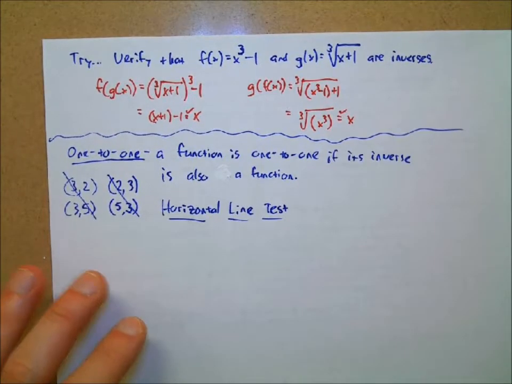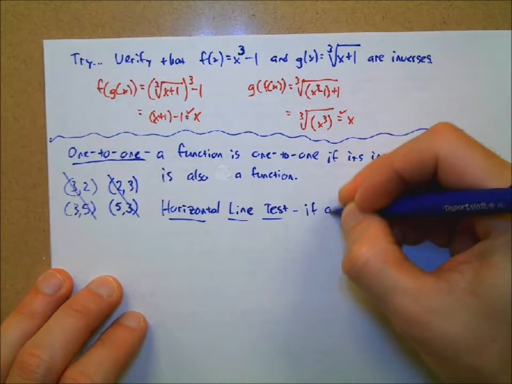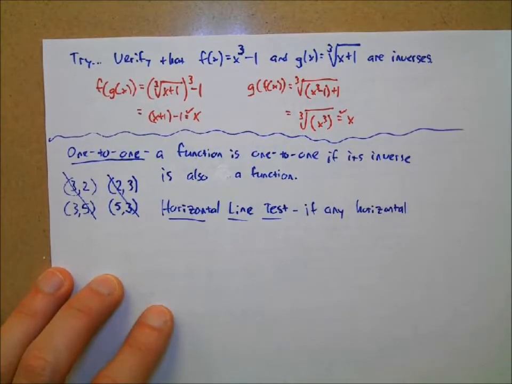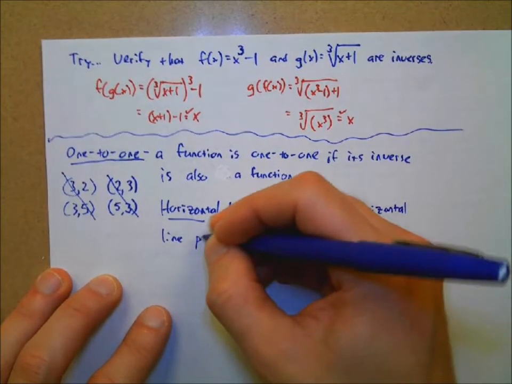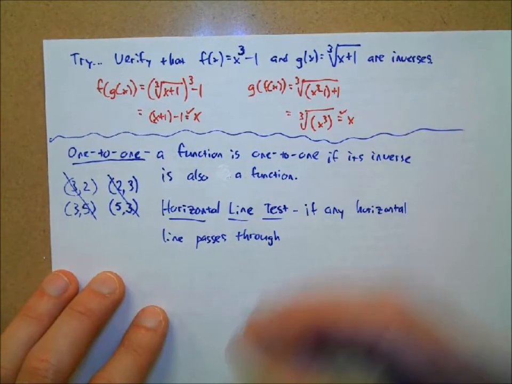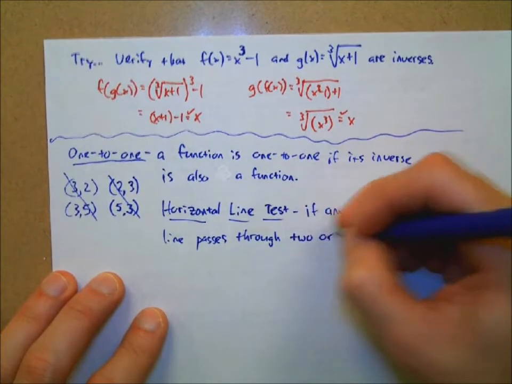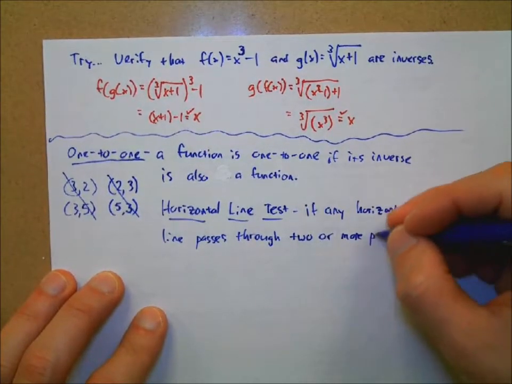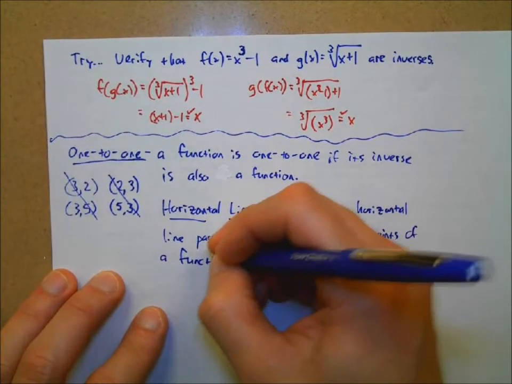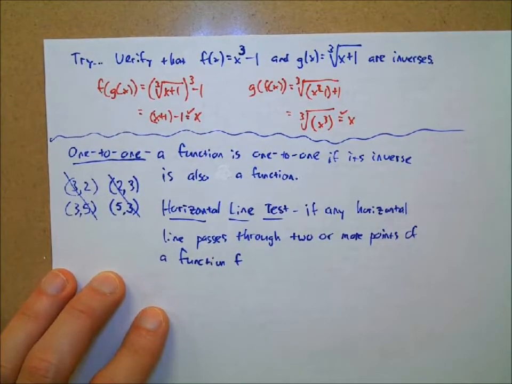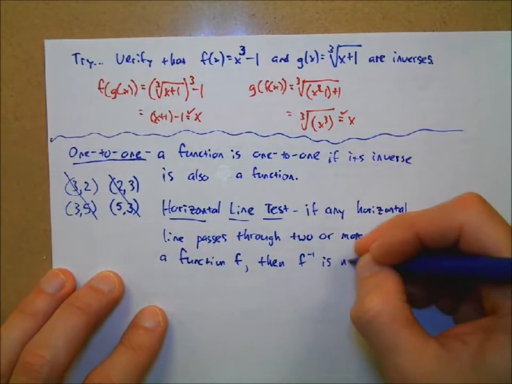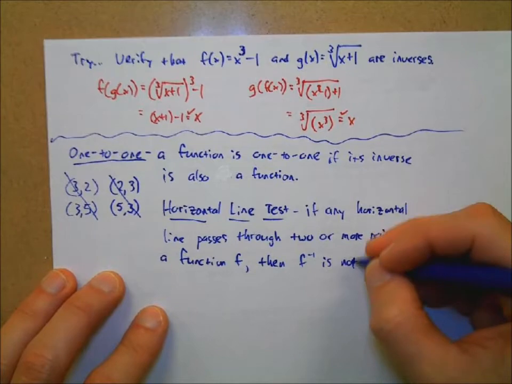Okay, if any horizontal line, again, this is not very elegant, but you get the idea. If any horizontal line passes through, or intersects, if you like, two or more points of a function f, then f inverse is not a function.